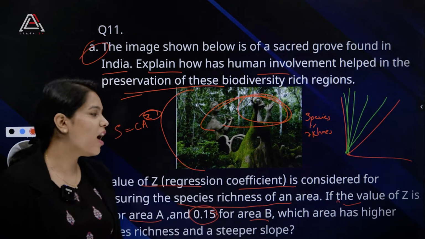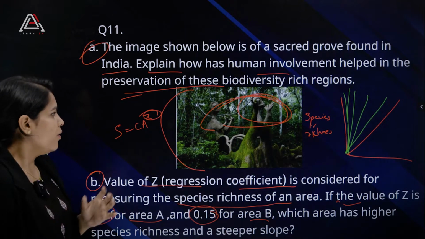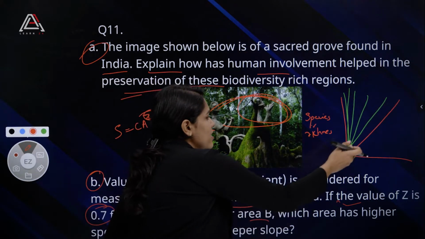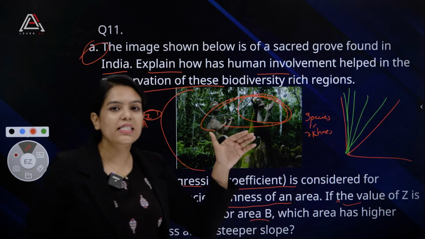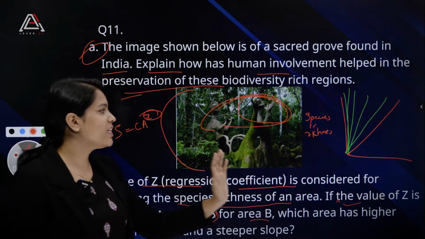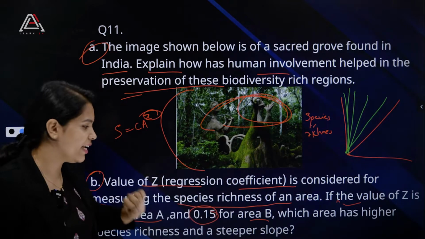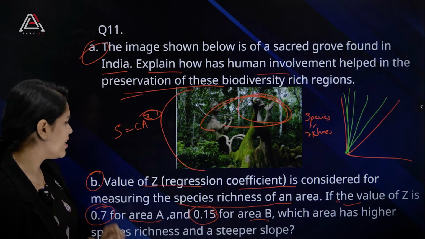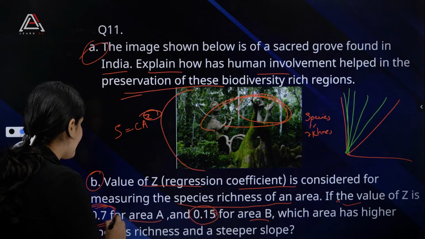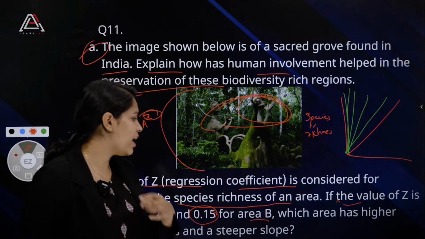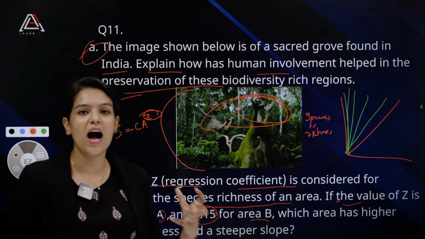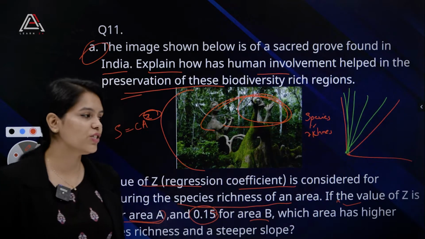So that is your answer right there. The steeper the slope, the species richness is also increasing accordingly. Alright, so in this case, area A will have a higher species richness.